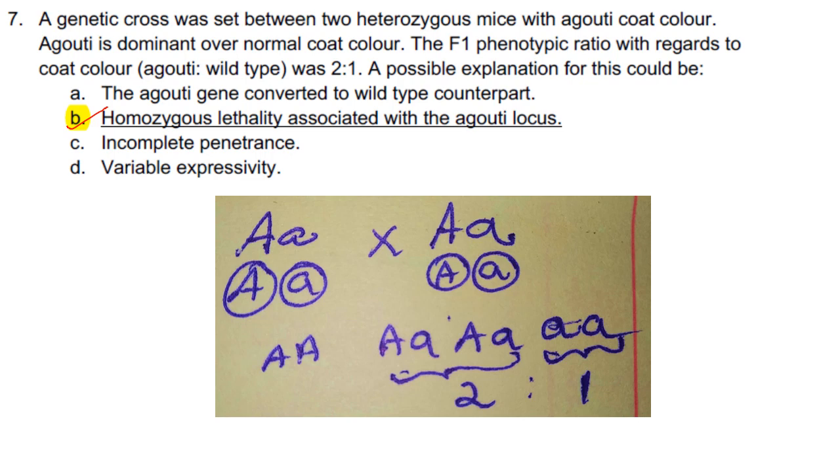The F1 phenotypic ratio was found to be 2:1, that is 2 agouti to 1 wild type. So the possible explanation could be that capital A was found to be lethal, that is, the agouti condition in homozygous state is lethal. So the answer here is option B, that is homozygous lethality associated with the agouti locus.